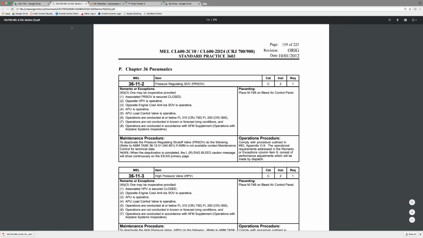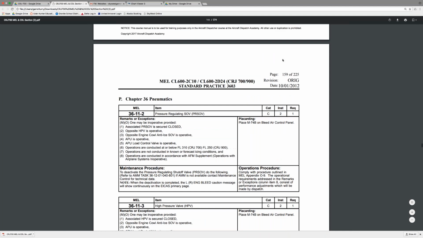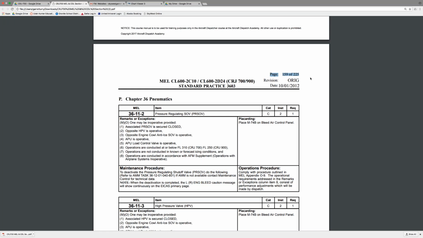Look in the top right corner of any one of the pages that you're looking at, where it says MEL 600, 2C10, whatever. It says page 159 of 225 in the top right corner. It'll tell you your page number in reference to the actual pages in the manual.